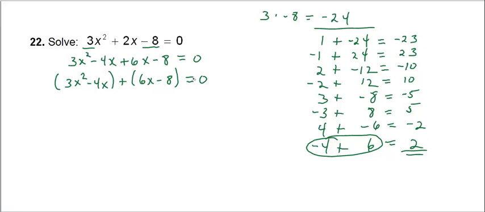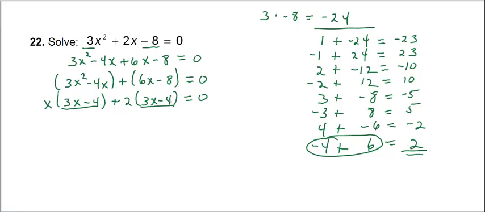So we're going to remove the GCF in each group. In the first group, x is the GCF, and that will leave us with 3x minus 4. And in the second group, a positive 2, and that will also leave us with 3x minus 4.